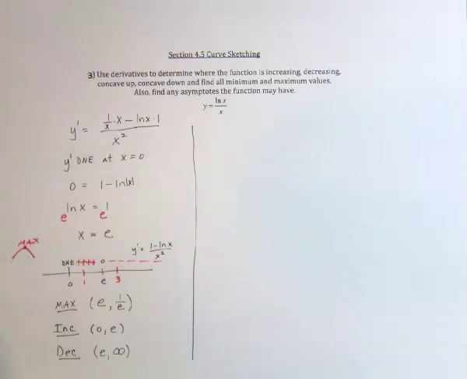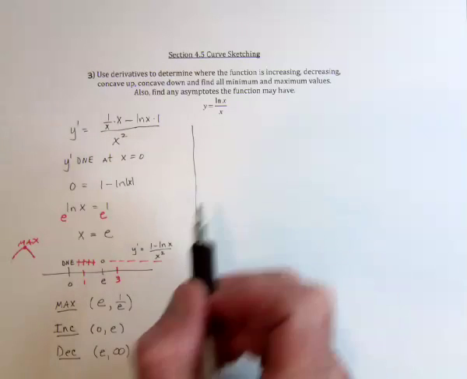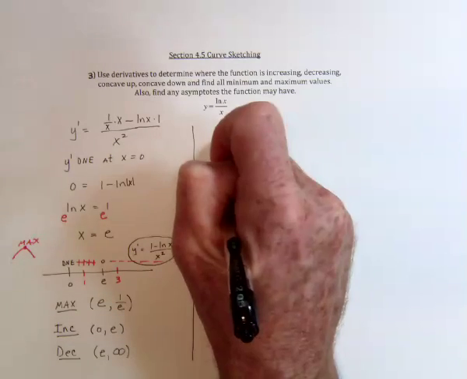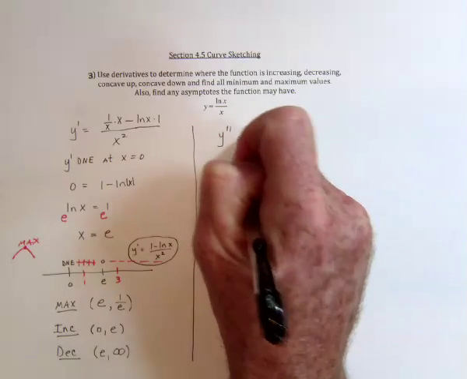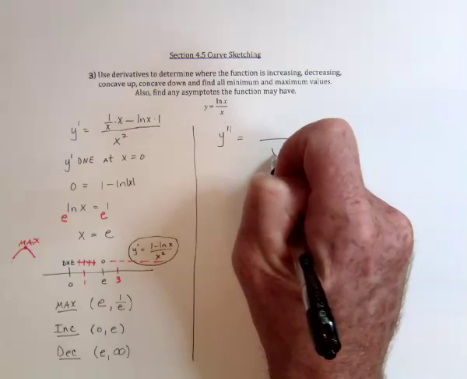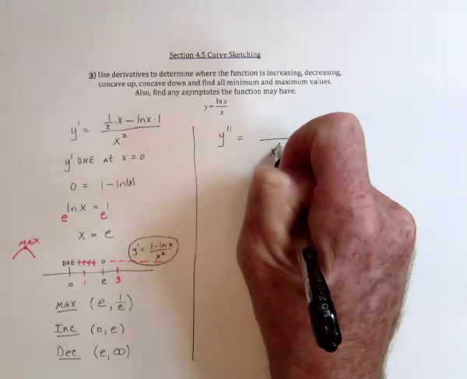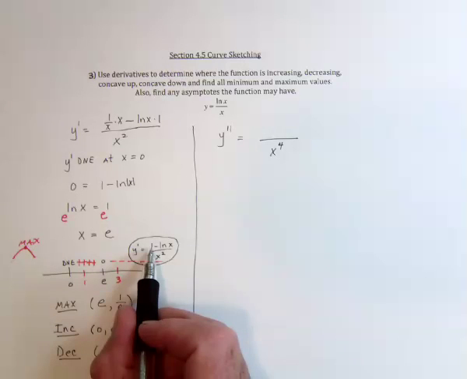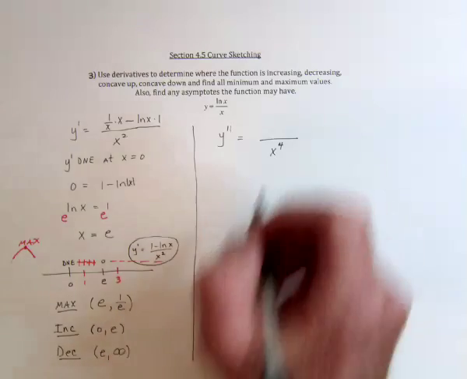And now we're ready for the second derivative. So I'll use this. Here's the first derivative. Take the derivative of that. So the denominator needs to be squared. So it's going to be squared squared, means to the 4th. Then take the derivative of this. So that's going to be 0 and negative 1 over x.